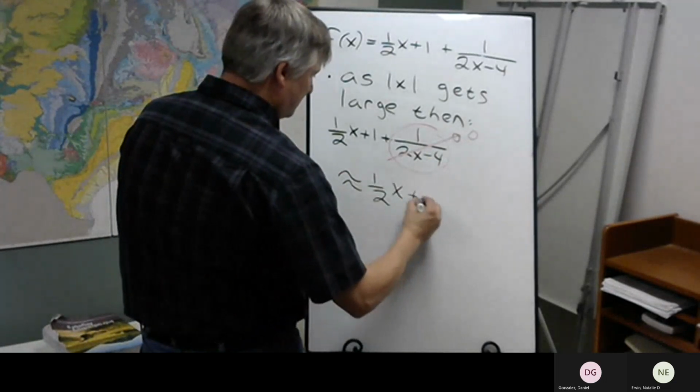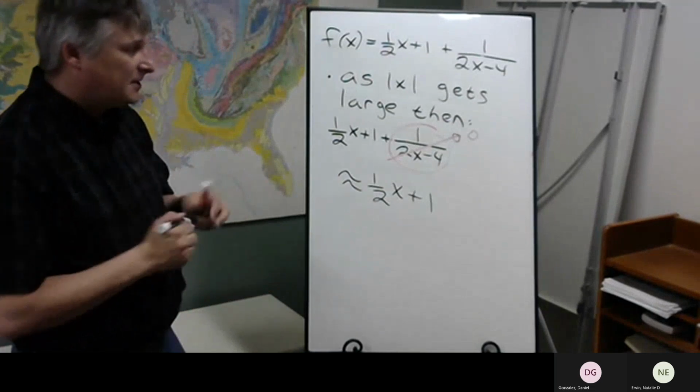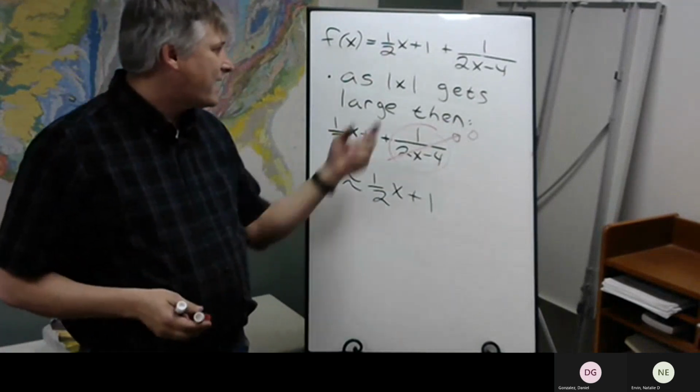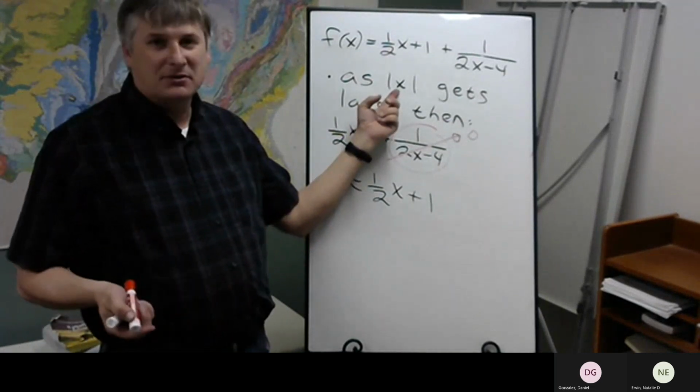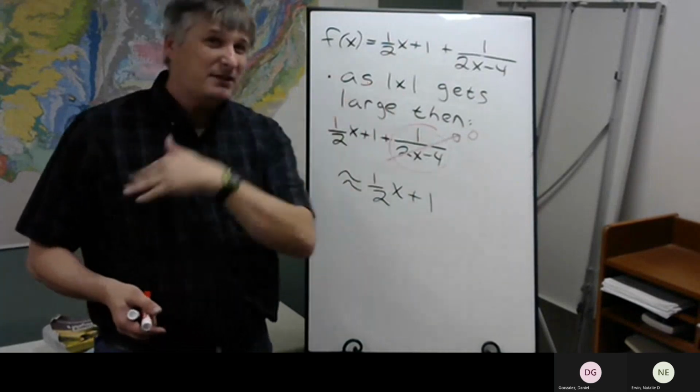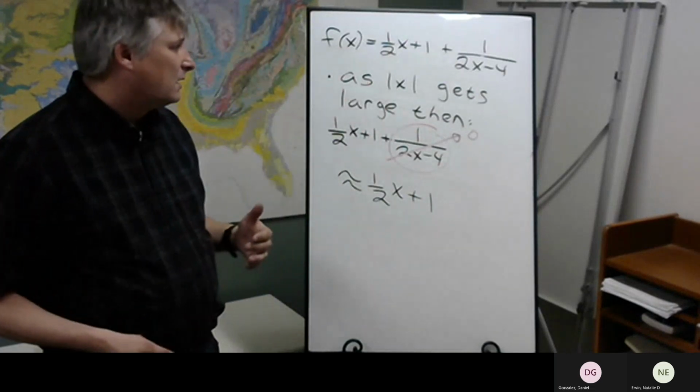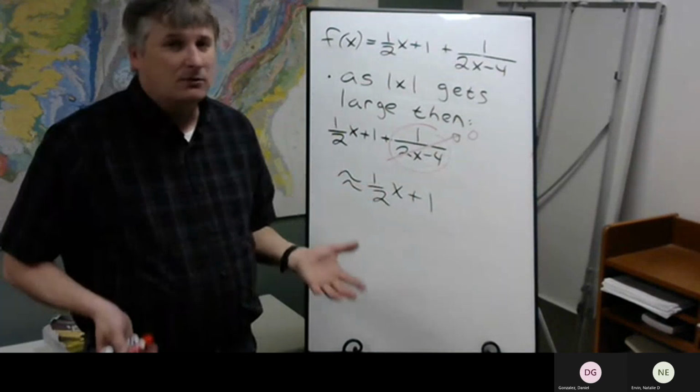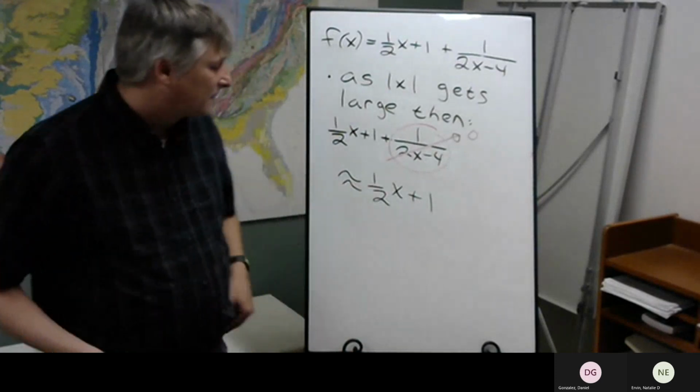1/2 x plus 1. And again, this is the case when x, whether it's a big positive number or a negative number that's way down the negative axis, when the absolute value of that gets really large.